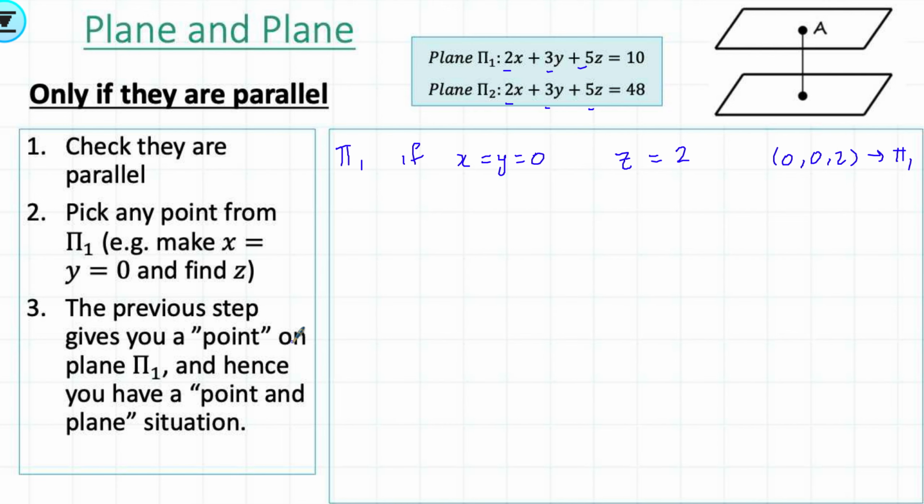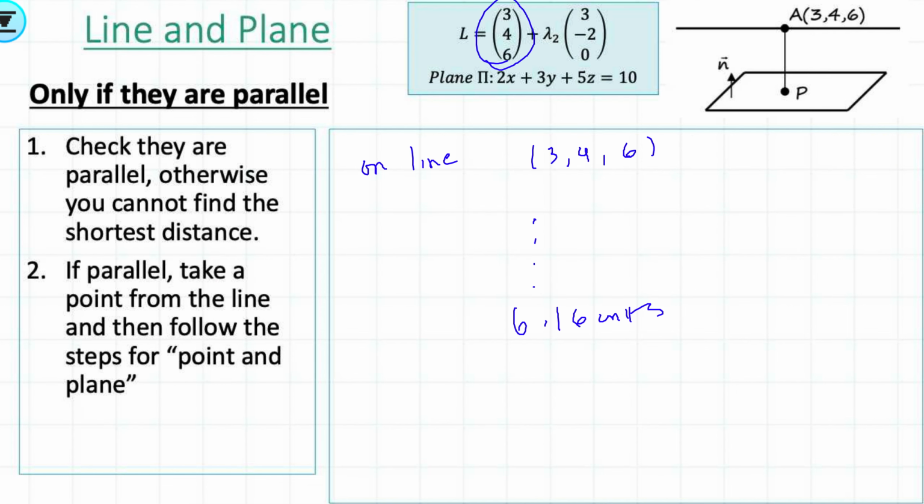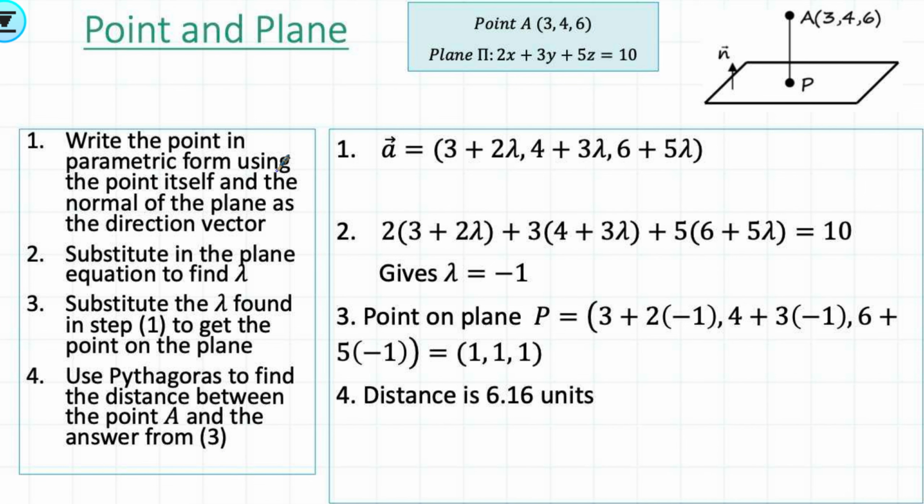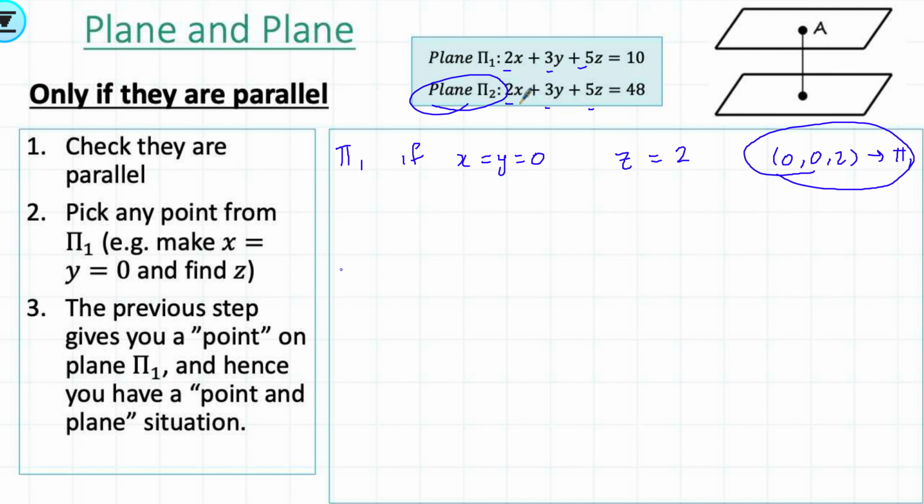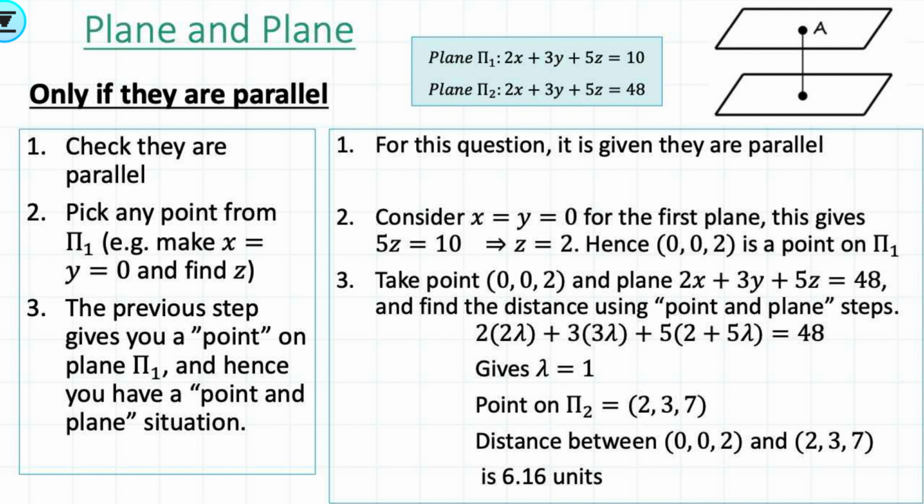And then what we now have is a point on a plane and a plane. So as I said before, we're always trying to reduce these problems into something we've seen before. So we have a point and a plane situation. So we just follow the same process here. And you can see the steps in more detail here. So we take the point and we take this plane and we do the point and plane steps.